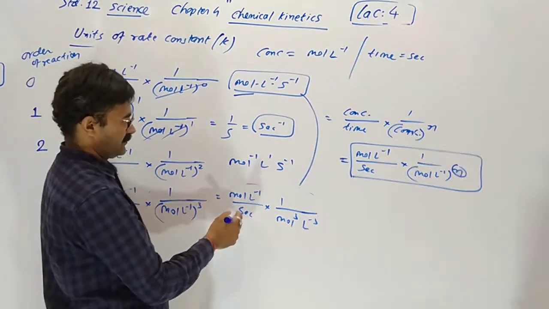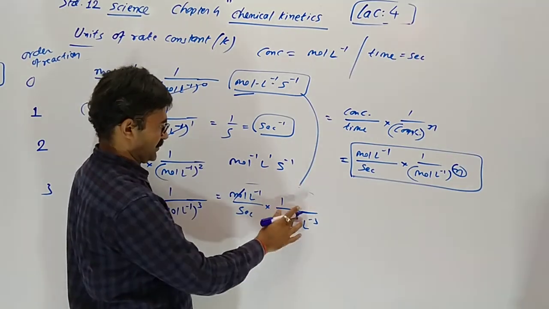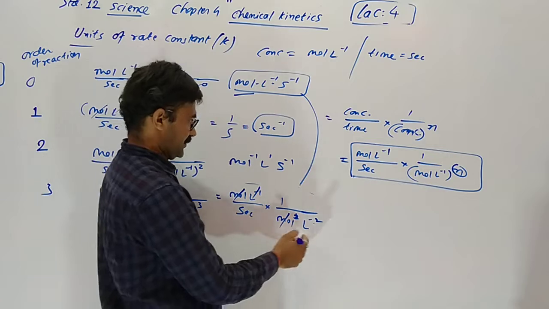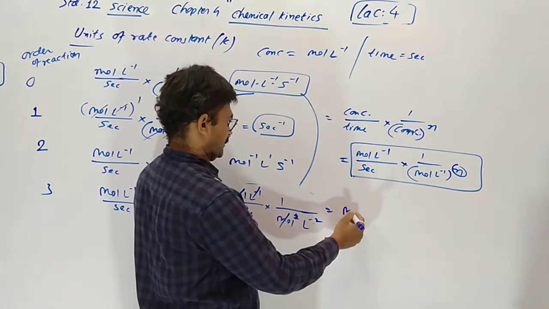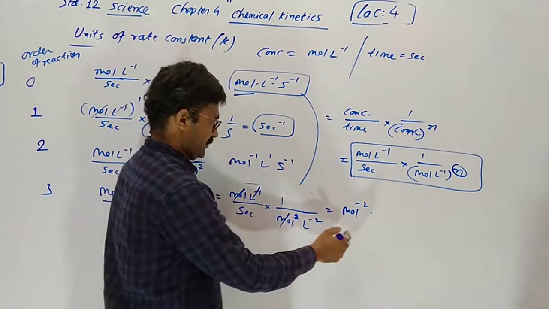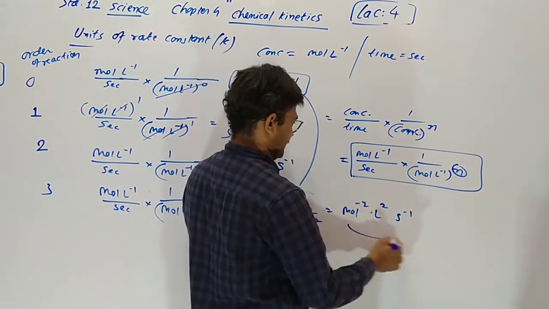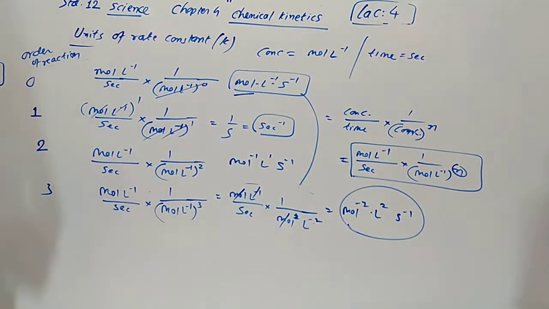In multiplication, mole one time cuts, so here will be 2. Liter inverse one time cuts. This moves upward, so mole raised to -2, liter raised to 2, and second inverse. This is the unit of K for third order reaction.